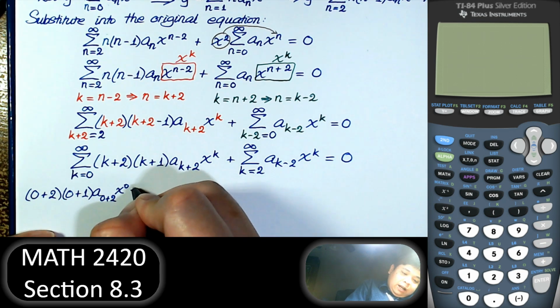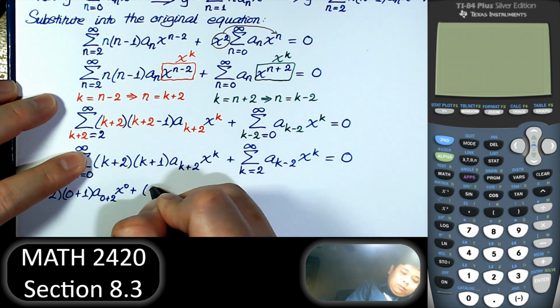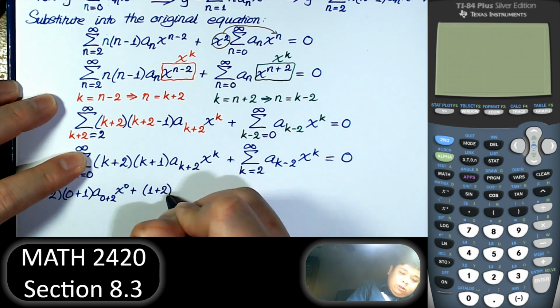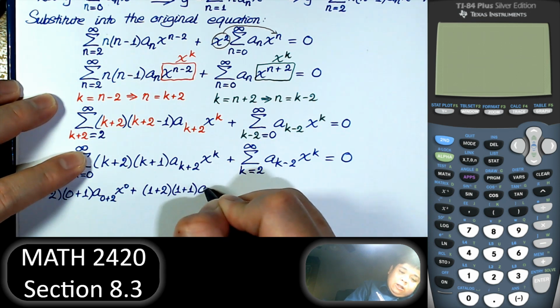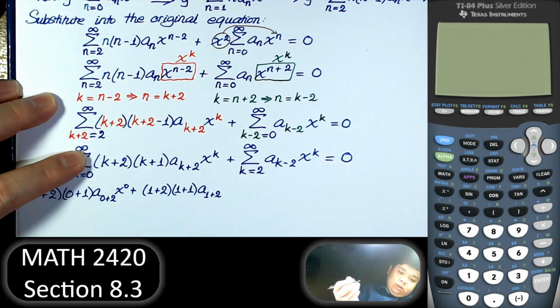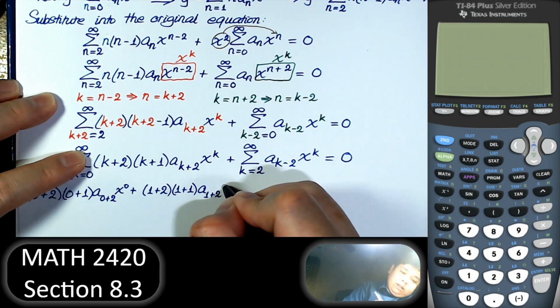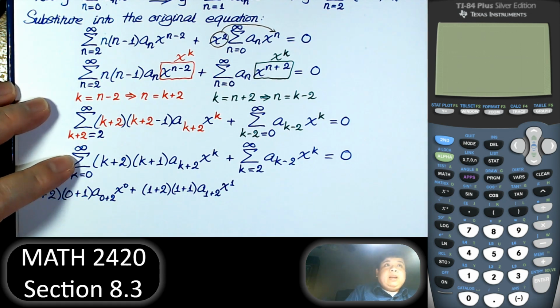Right, and then next, k equal to 1, 1 plus 2, 1 plus 1, a sub 1 plus 2, x to the first power.